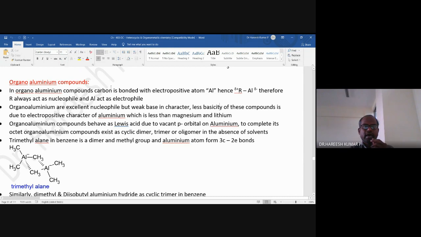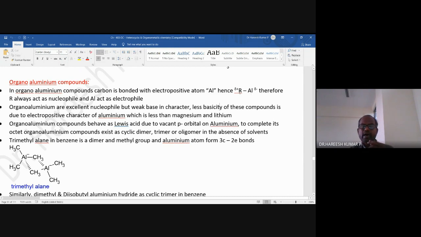Here carbon is bonded with the electropositive atom aluminum. R is an alkyl or aryl or organic group, and aluminum is a metal.